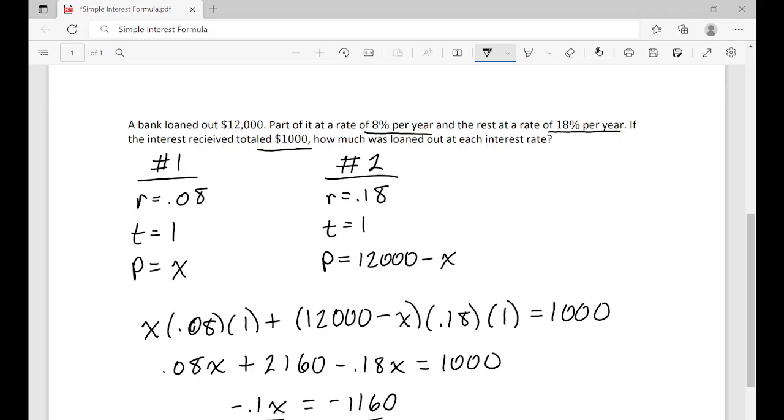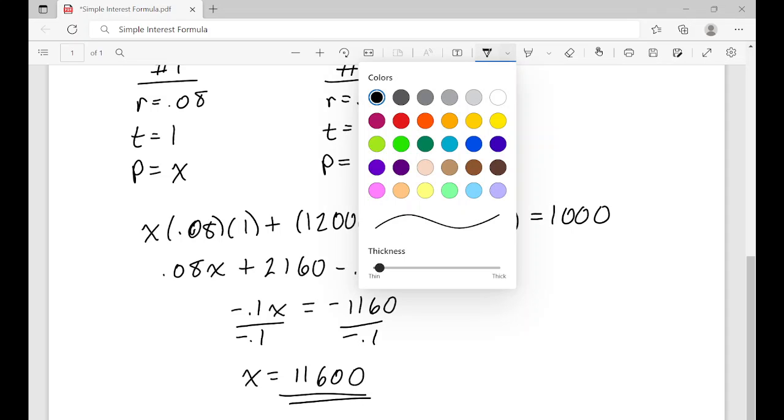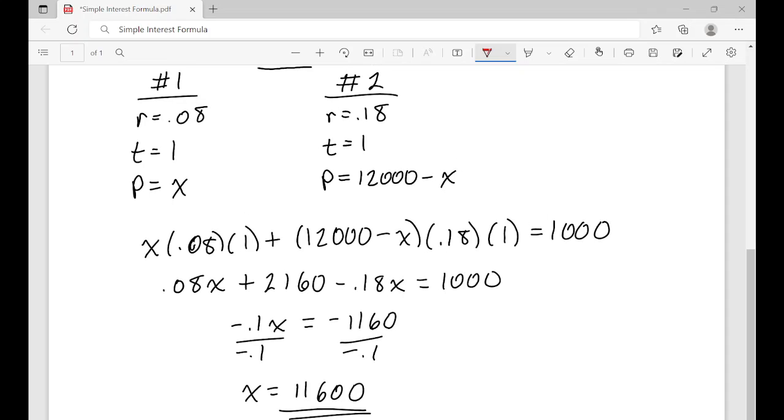Now, how much was loaned out at each interest rate? Well, I can see that x equals 11,600, which means for my first interest rate in account 1, x equals 11,600. So $11,600 for the first one.